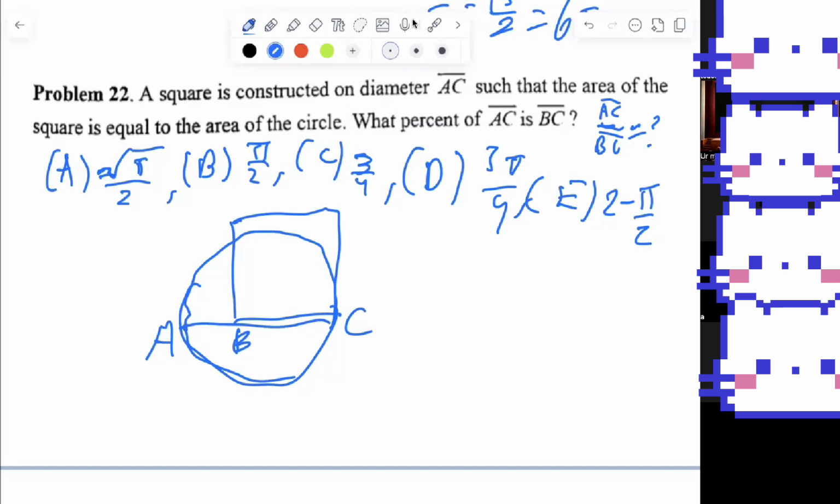It doesn't look clear, but I hope you guys can read it. A is square root of pi divided by 2, okay? Also, a hint is it's not C, D, or E. It's one of A or B.